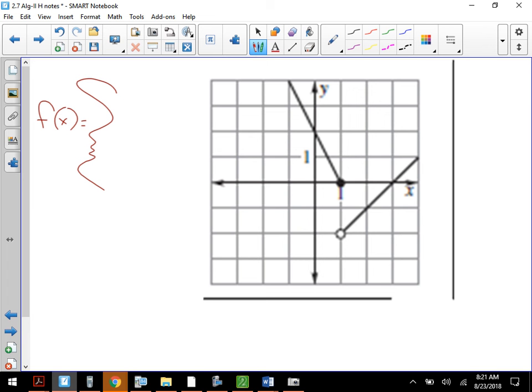We try to be pretty lenient, pretty straightforward as far as the linear equations. What's the slope of that first part? -2. Very good. What did it go through? 2.